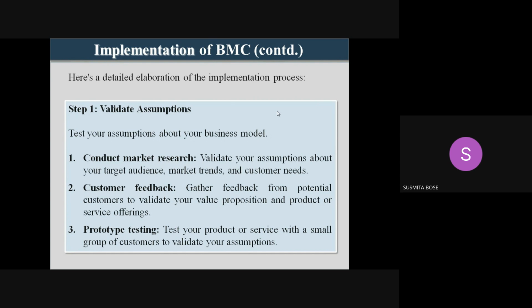What you can do is, you have certain assumptions about your customers. Okay, the customers like this kind of product. If I make this kind of product, customers are going to like it, but you are not sure. So what you will do, you can test your product with a small group of customers.